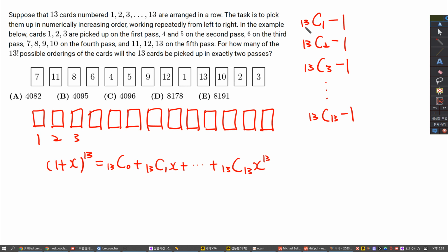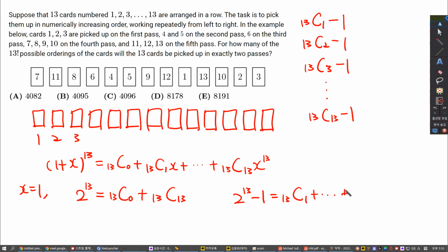To find the sum of these 13C terms, when x is 1, the left side is 2 to the 13th power, and the right side is the sum of 13C0 through 13C13. If we move 13C0 to the left, now we have the sum of 13C1 through 13C13.